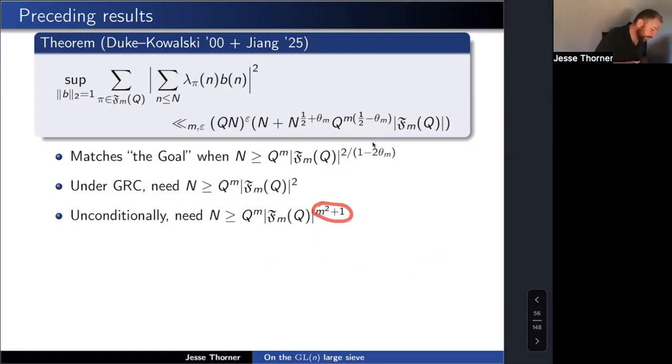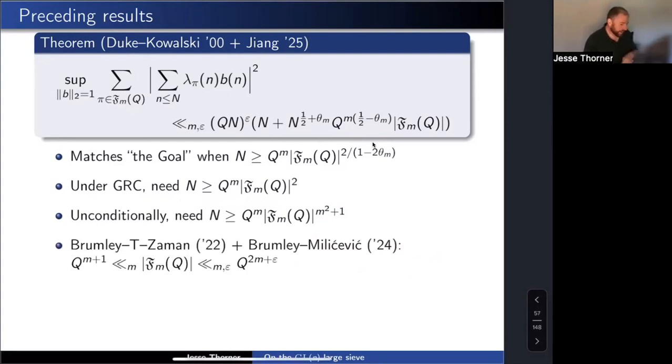But this m squared plus 1 exponent is quite large, and so in order to have a good understanding of what's going on, I need to know how large my family is. We don't have asymptotics for the size of the universal truncated family, but we have polynomial upper and lower bounds.